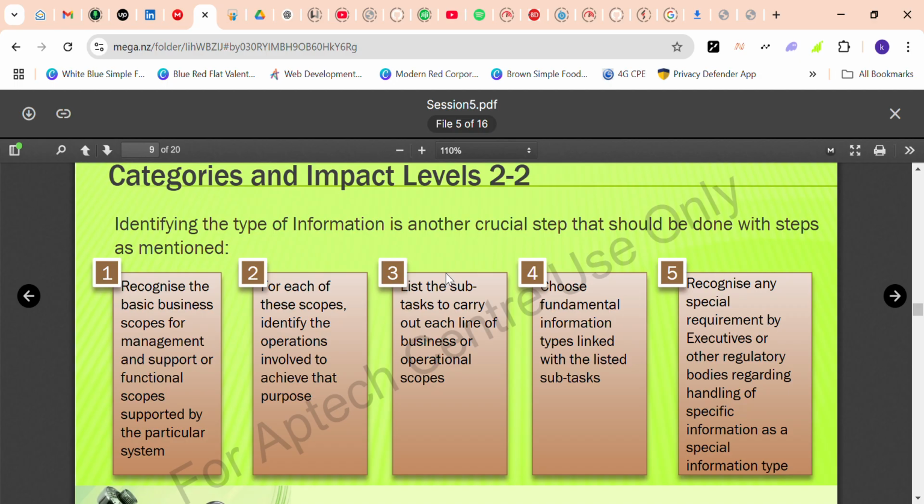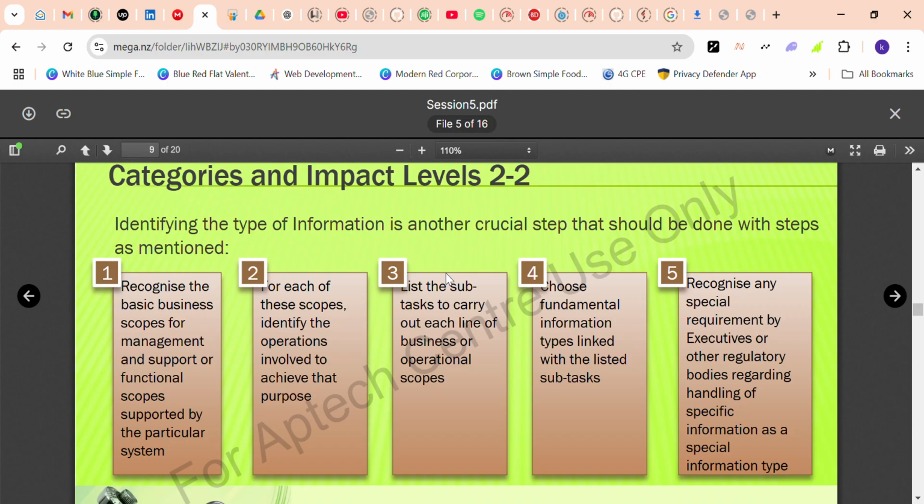So that's another thing. Now, let's hope we understand this part very well, which is to identify the business scope. What are the businesses the organization is doing? What information is needed to run their businesses? And for each of these scopes, identify the operations involved to achieve that purpose.